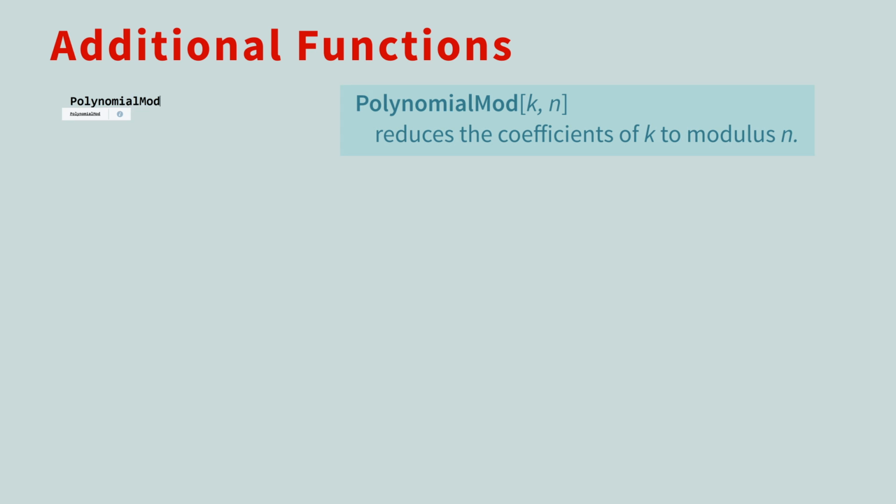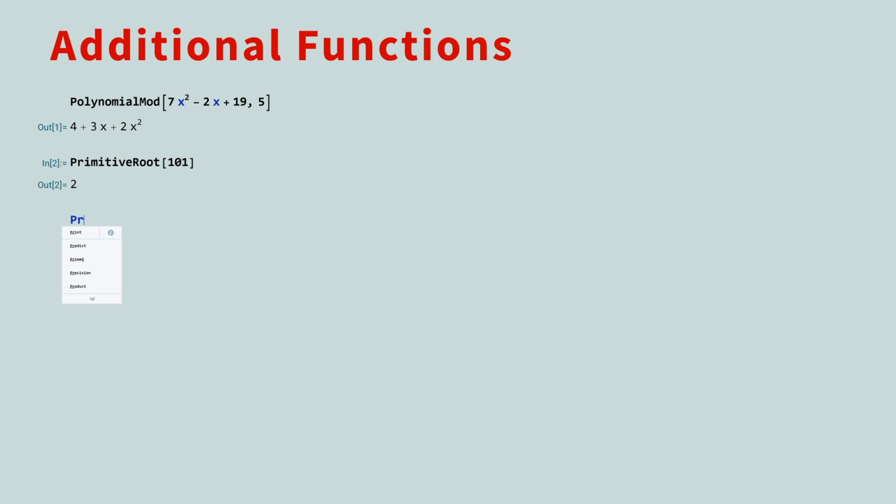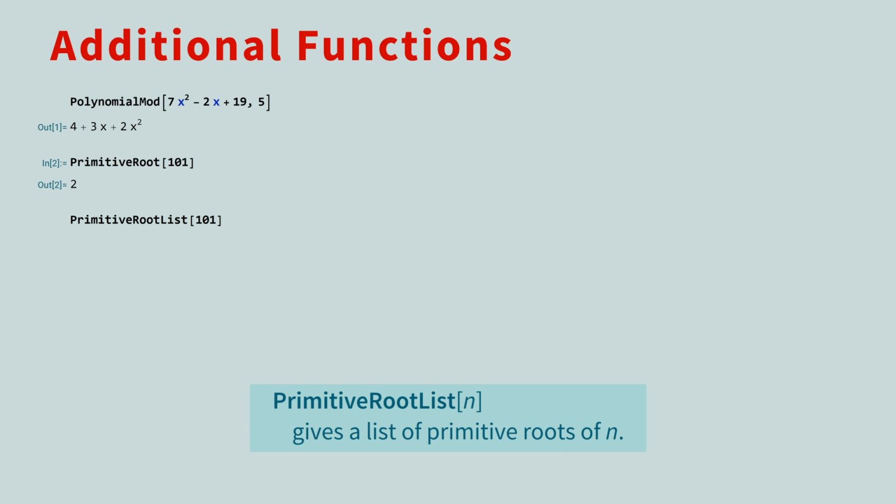There are many other functions for modular arithmetic. For example, the PolynomialMod function will reduce the coefficients of a polynomial to your specified modulus. To find a primitive root for a specific modulus, use the PrimitiveRoot function. And if you need a list of all primitive roots, use the PrimitiveRootList function.